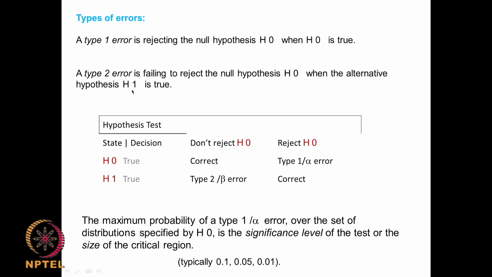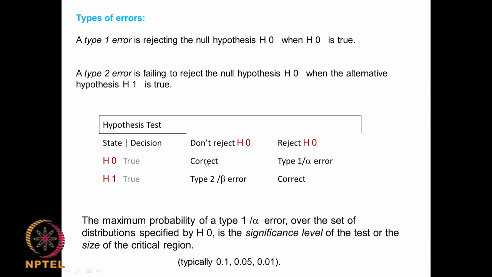Whereas instead of accepting the alternate hypothesis, we do not accept the alternate; we accept the null hypothesis. So, we have two situations: do not reject the null hypothesis, reject the null hypothesis, null hypothesis true, alternate hypothesis true.